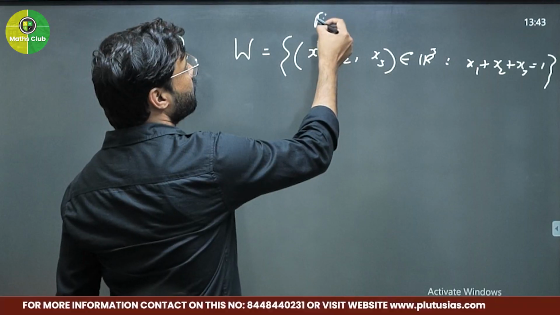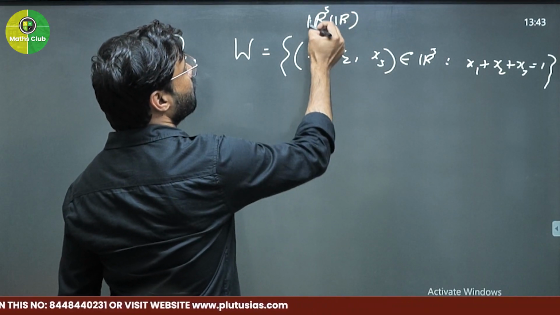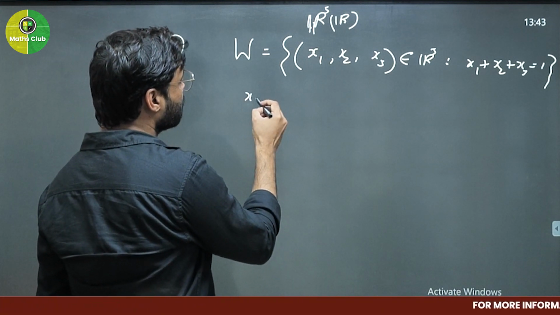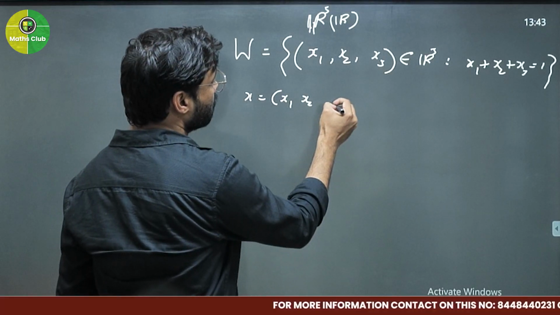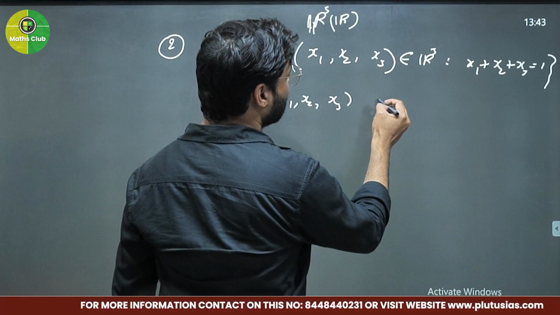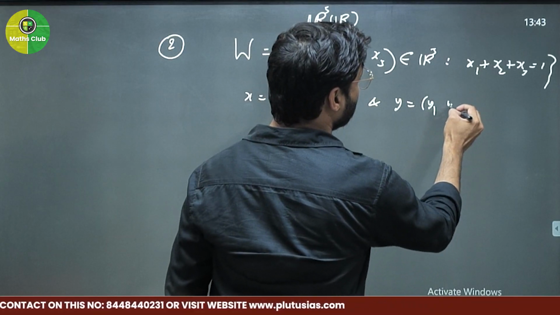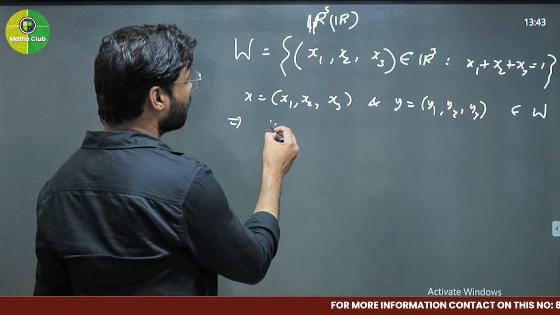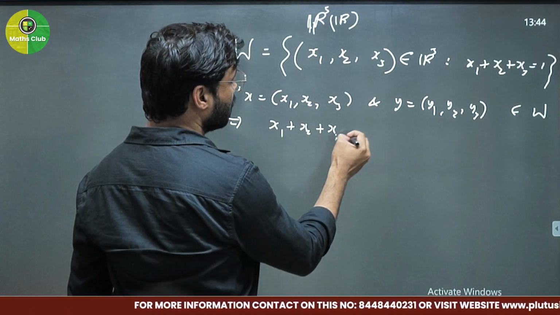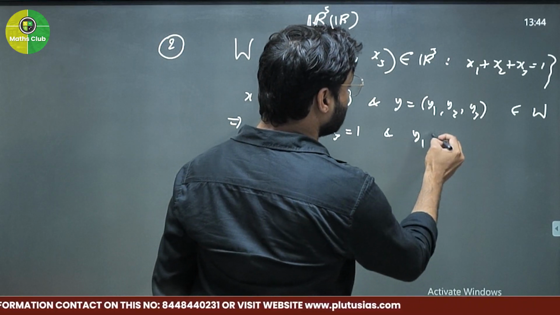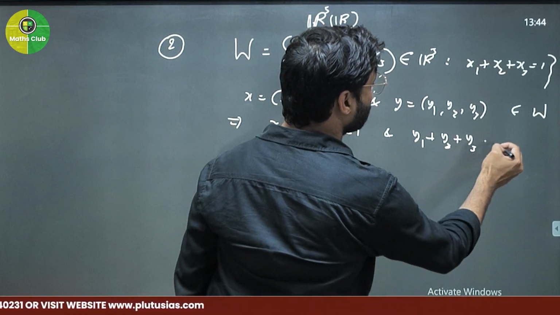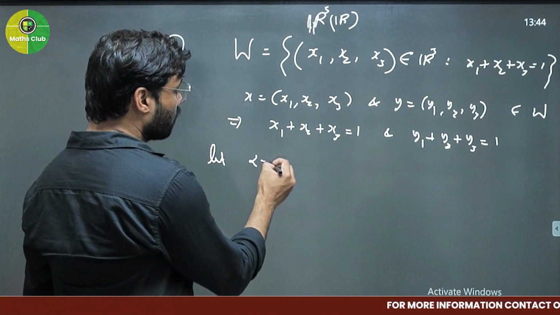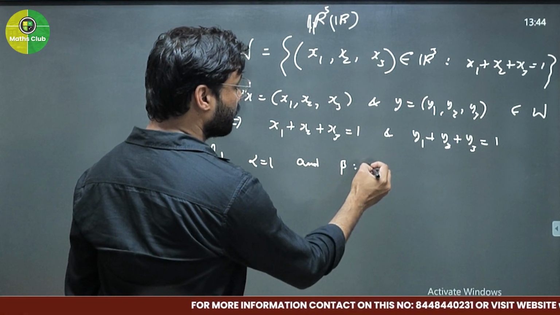The vector space is R^3 over the field R. Simply take any two arbitrary elements, x equal to (x1, x2, x3) and y equal to (y1, y2, y3) belonging to W. This implies that x1 plus x2 plus x3 equals 1 and y1 plus y2 plus y3 equals 1. Now choose alpha equal to 1 and beta equal to 1.